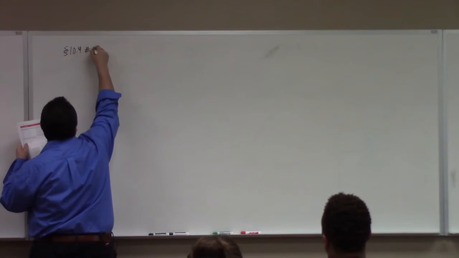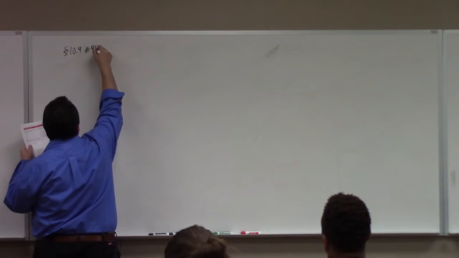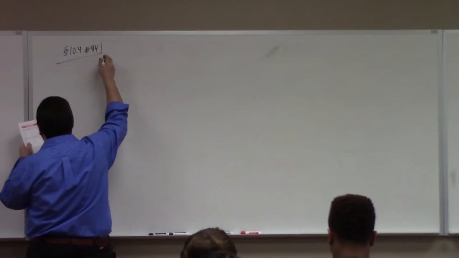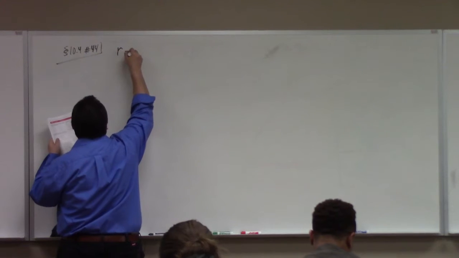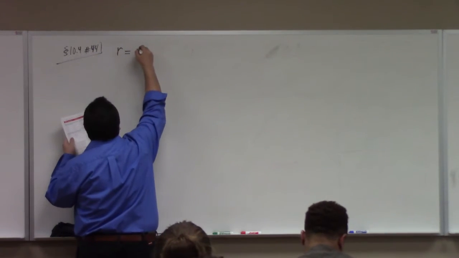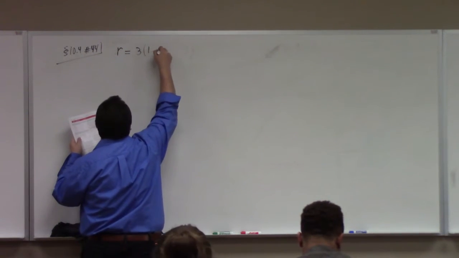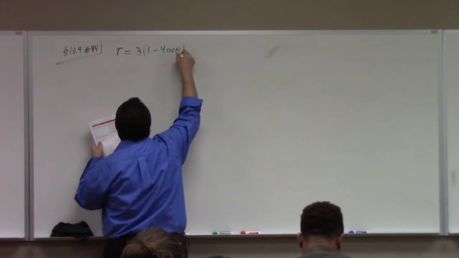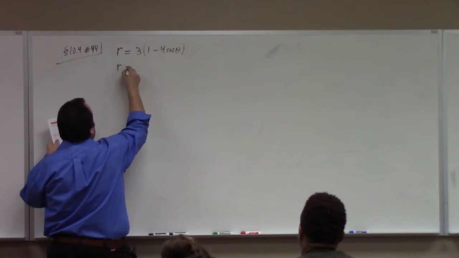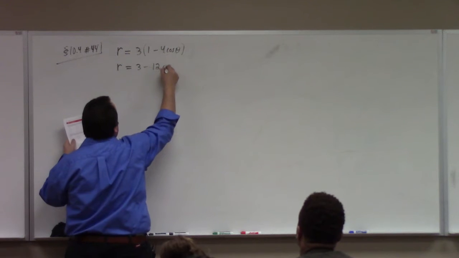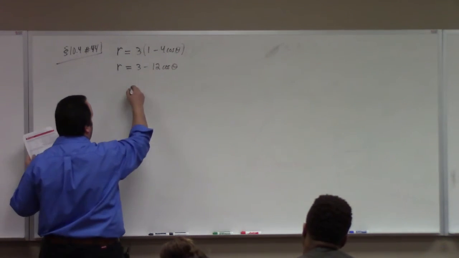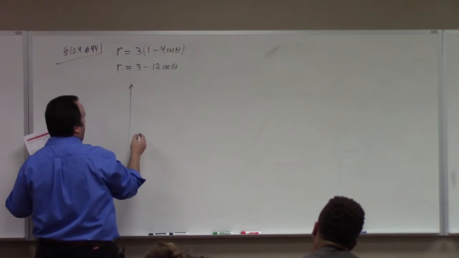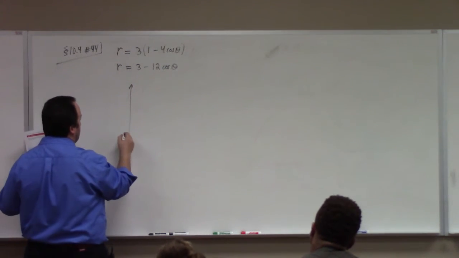I would say that this is one of those ones where you don't actually need a graphing utility. You can do this by hand. It's definitely a reasonable test question. So he's got r equals 3 times 1 minus 4 cosine theta, so I'm going to rewrite that as r equals 3 minus 12 cosine theta. Then we follow the method that I always use. I'm going to draw a graph of r versus theta.